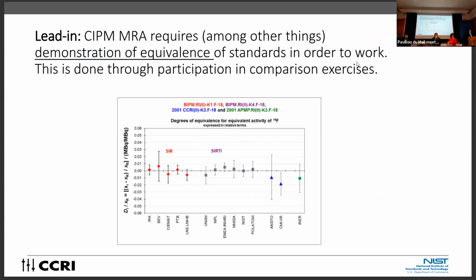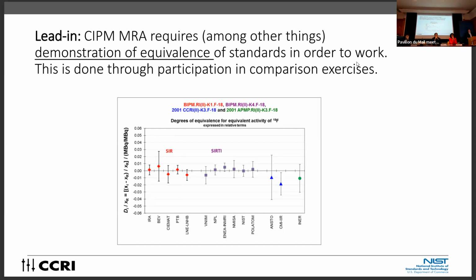And one of the ways that we do this, and this is just a lead-in to our next talk, is that it requires, amongst other things, demonstration of equivalence of standards in order for the whole process to work. And this is done through participation in comparison exercises, whether they're organized through the BIPM or done on a relatively informal basis bilaterally by individual laboratories.